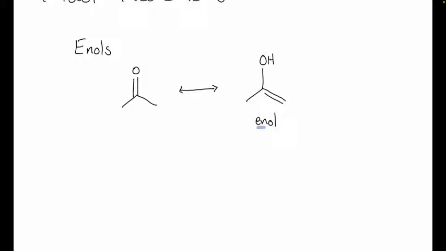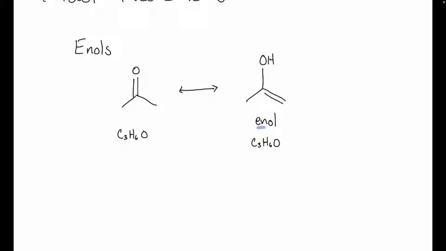Okay. This is an intramolecular rearrangement. So the formula for this compound over here would be C3H6O. Same over here, C3H6O. If you remember back to Unit 1 stuff, we would have called these structural isomers of one another.